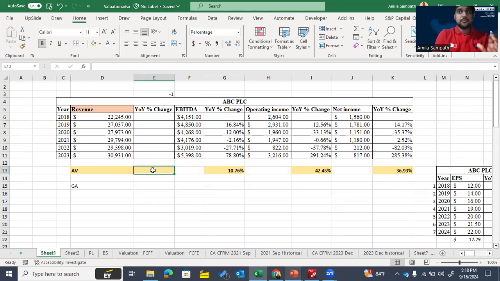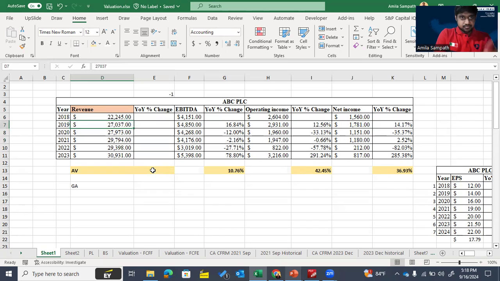For that purpose, first we should calculate each year's revenue growth separately. That means for 2019, we need to calculate growth. For 2020, we need to calculate growth. 2021, 2022, like this. For each year, we need to calculate each year's growth.